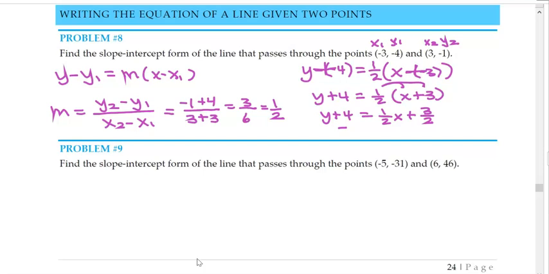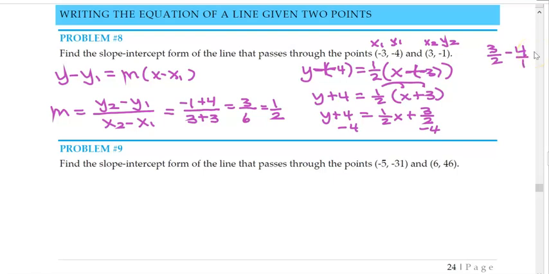And then we need to subtract the 4 over to do this. All right, so let's do a little side work over here, doing this 3/2 minus 4. We need to get a common denominator.